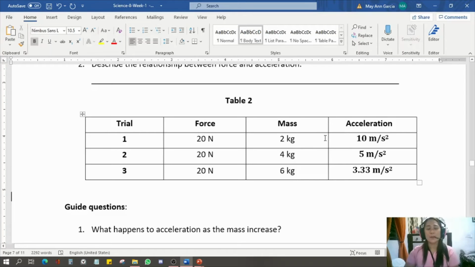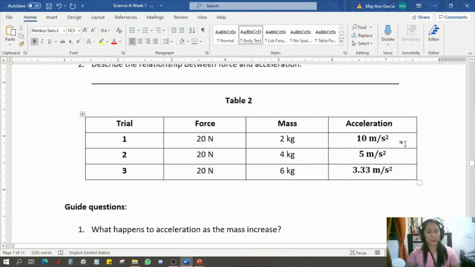Okay. So now, let us compare the following. If the force is constant, what happens to the acceleration if the mass is increasing? Okay. So, habang tumataas yung mass natin, ano nangyayari sa acceleration? Bumababa.